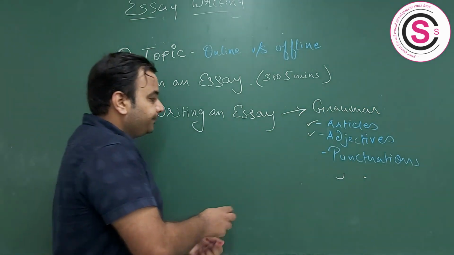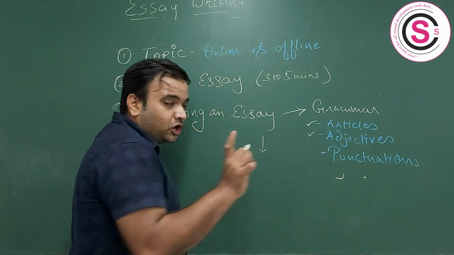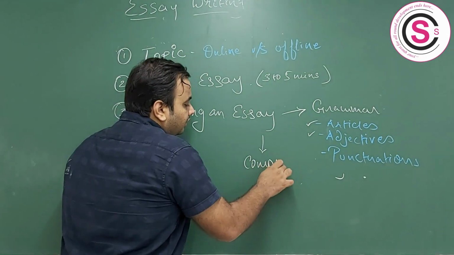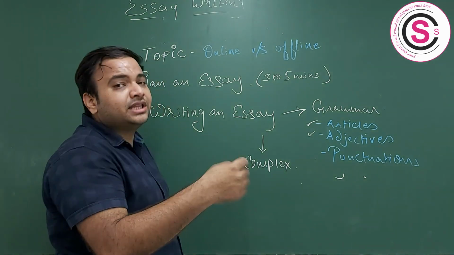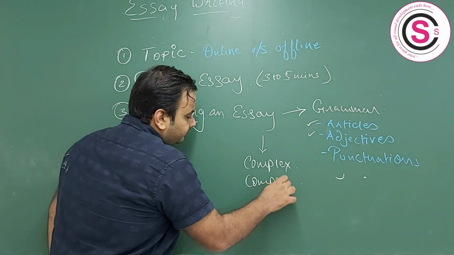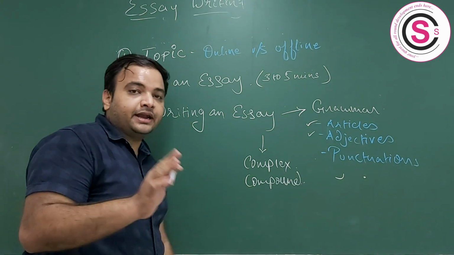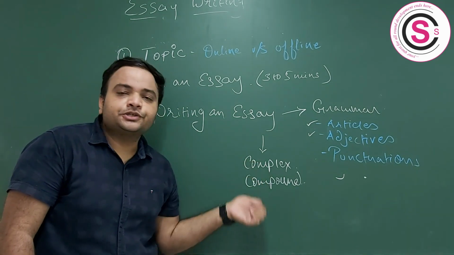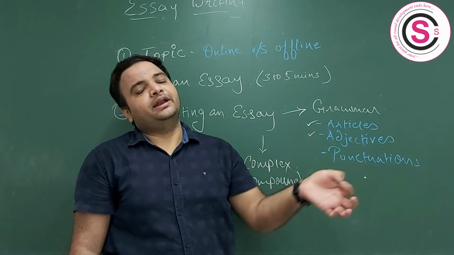So I would say, if you are confident about your sentences, go with the complex sentences or compound sentences when required. Don't just use them every now and then, only as and when required.